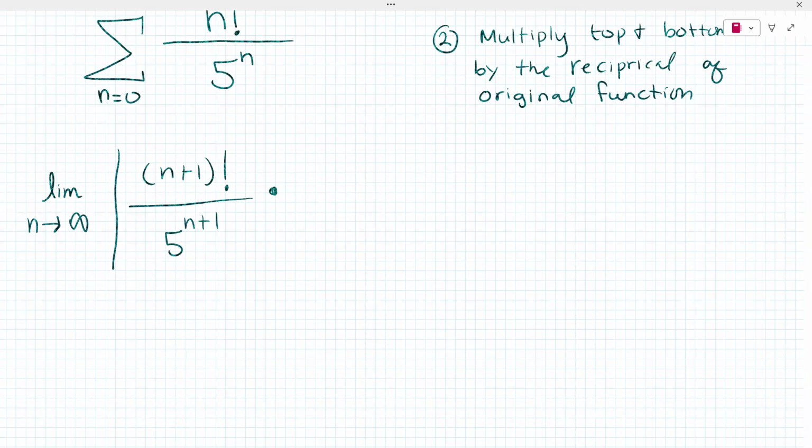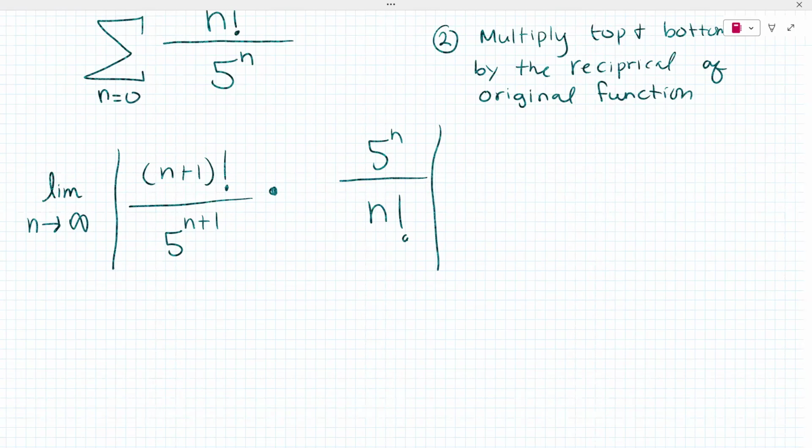Your original was n factorial over 5 to the n, so the reciprocal of that will be 5 to the n over n factorial. And don't forget to close it with absolute value. Since we're dealing with absolute value, we know for a fact we're going to use the ratio test.